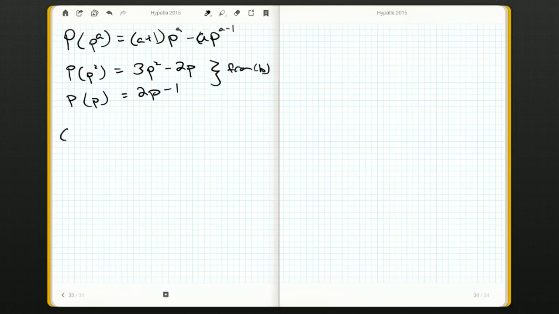And now let's check 125. Well, that's 5 cubed. So that should be 3 plus 1 times 5 to the power of 3, minus 3 times 5 to the power of 2.